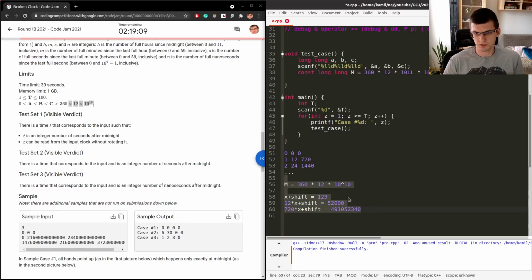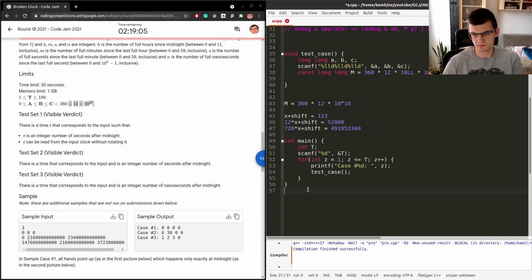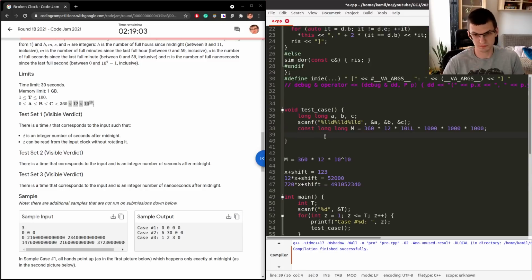And we have this. Oh, we have this inequality, that's nice. Oh, I don't know which one is which.